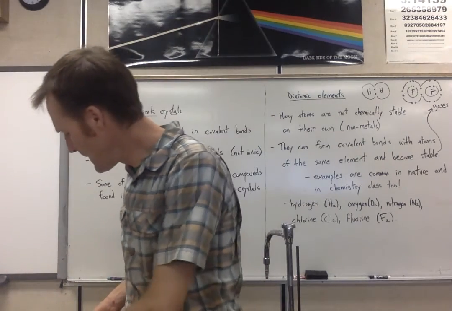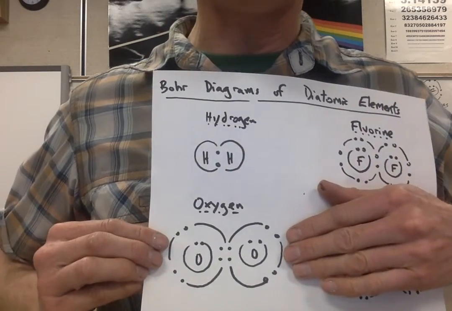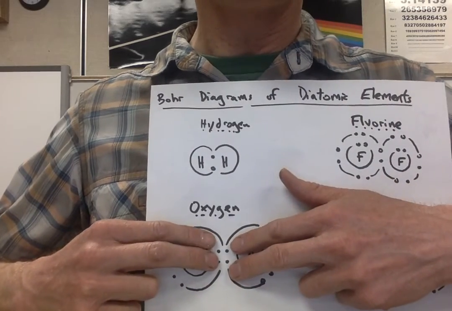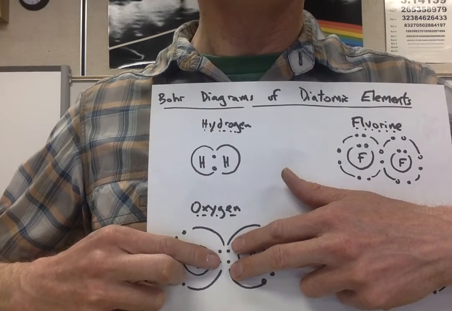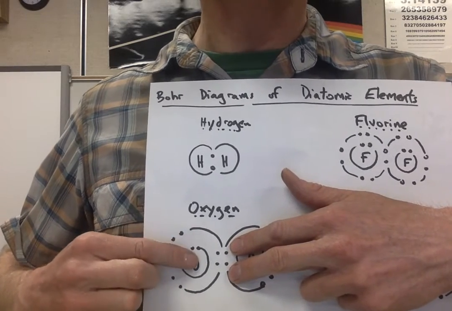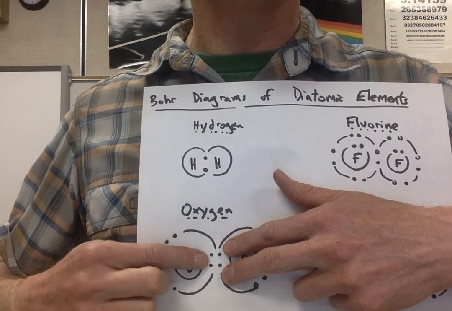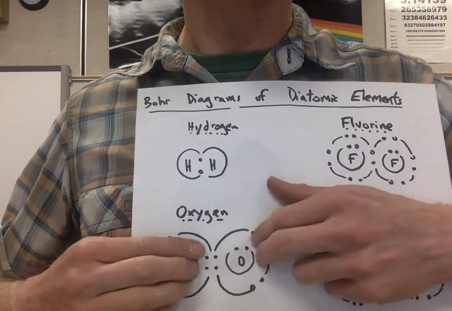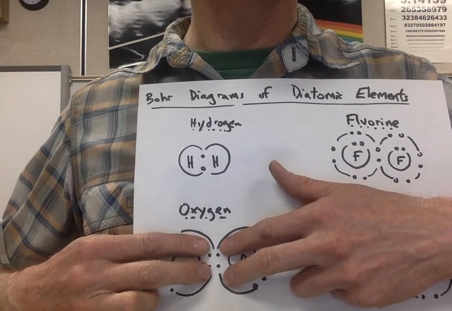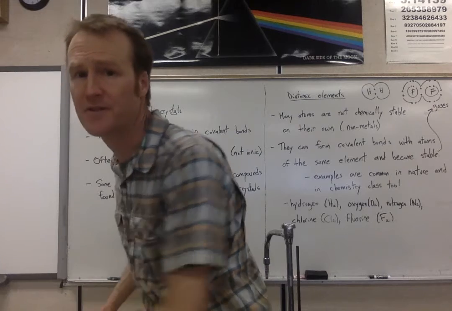In total, the covalently bonded electrons in this Bohr diagram for an oxygen molecule, there, 1, 2, 3, 4. This oxygen atom brought these 2 electrons to make covalent bonds. This one brought these 2. Collectively, we have 4 electrons involved in making covalent bonds.